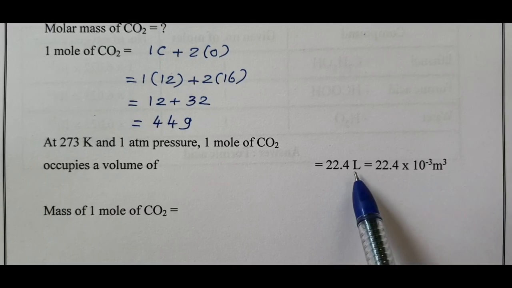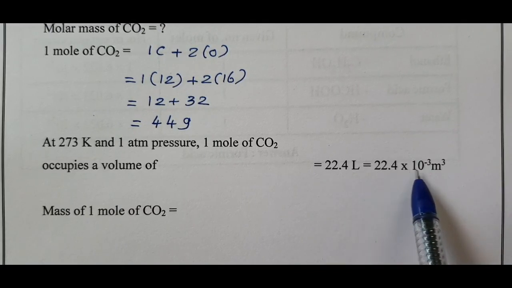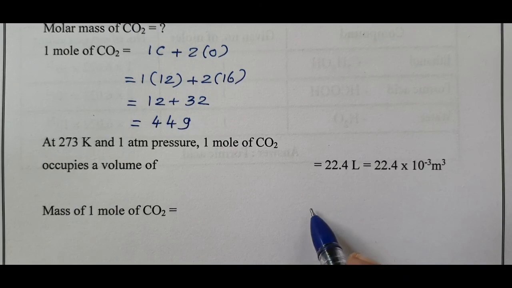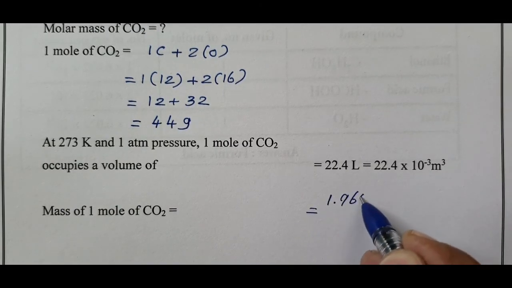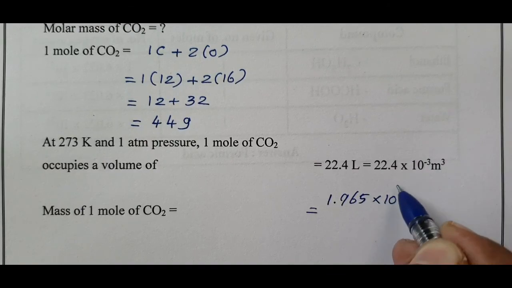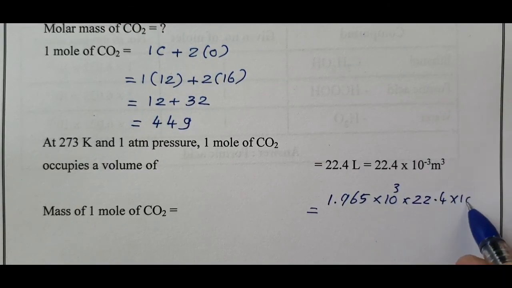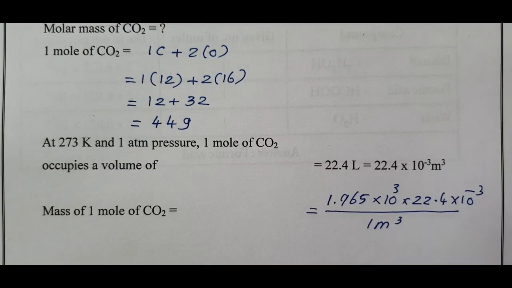Now I convert the liter into meter cube. 22.4 liter equal to 22.4 into 10 power minus 3 meter cube. Mass of 1 mole of carbon dioxide equal to density value 1.965 into 10 power 3 into 22.4 into 10 power minus 3 whole divided by 1 meter cube.